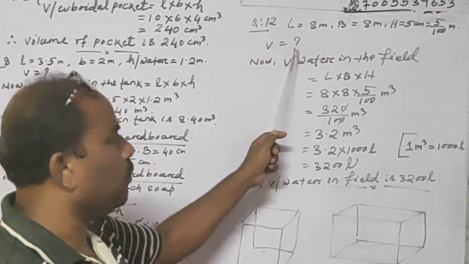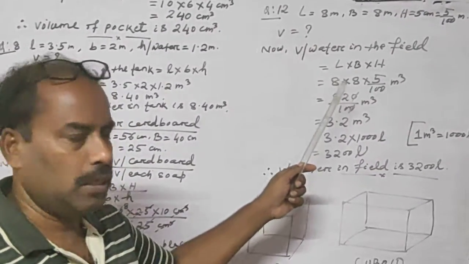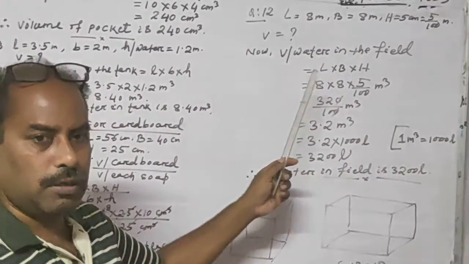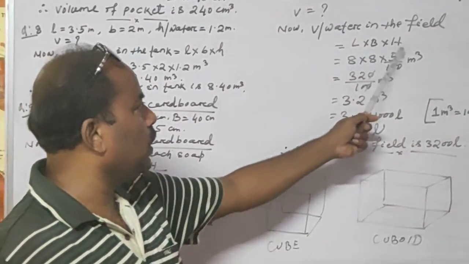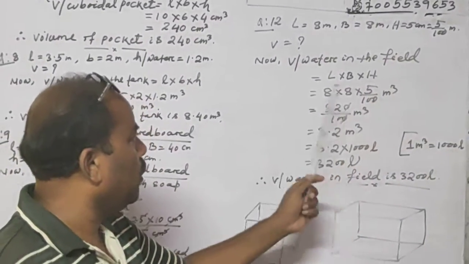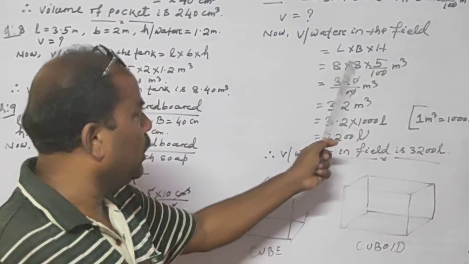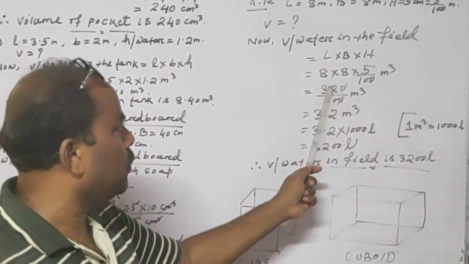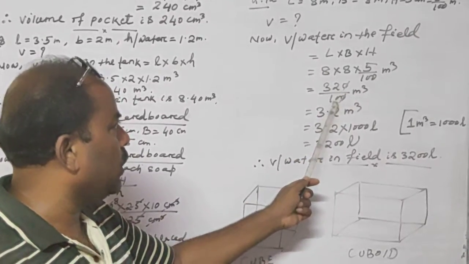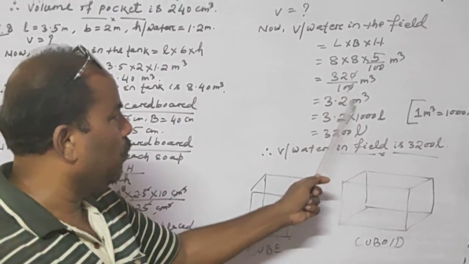Now the volume of the water in the terrace field, as it is a cuboidal field, is L into B into H, equal to 8 into 8 into 5 by 100. Multiply all these three: 8 times 8 is 64, into 5 equals 320 by 100. Zero cancels, 32 by 10 can be written as 3.2 meter cube.